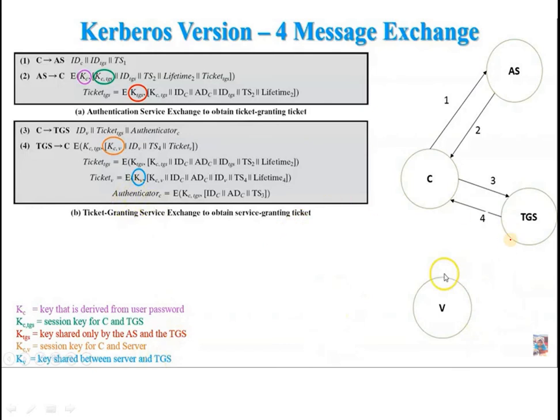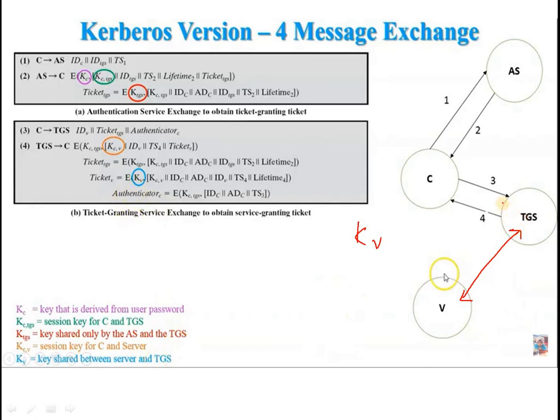Now this ticket V is received by the client. Again, he can't decrypt it because this ticket V is encrypted by KV. And what is KV here? This KV is the key that has been shared only between the TGS and server V. So again, what will the client do?